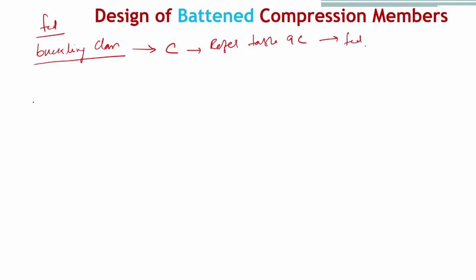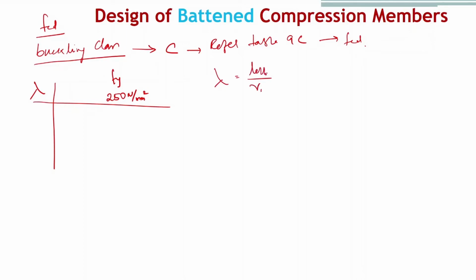If you want to refer table 9C, there are two parameters you need to know. One is the yield stress of the material. Since we are using mild steel, yield stress of the material is 250 Newton per mm square. The second one is slenderness ratio. Slenderness ratio is effective length upon least radius of gyration. We know the effective length is 3200 mm and the least radius of gyration is 61.1 mm. The slenderness ratio is 52.37.